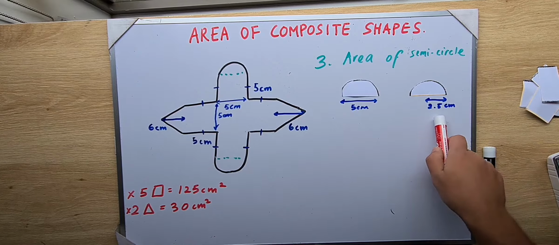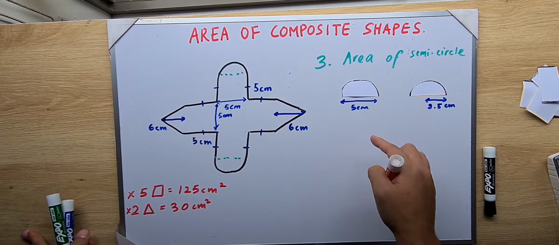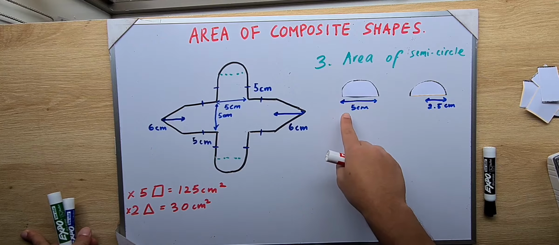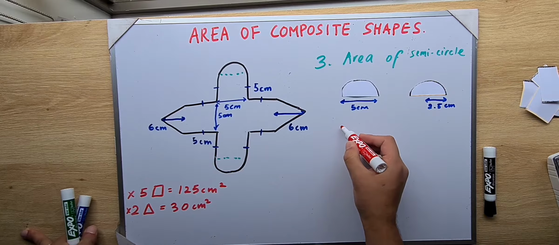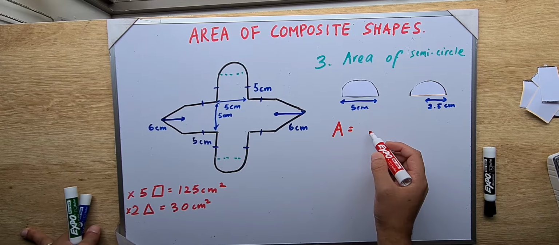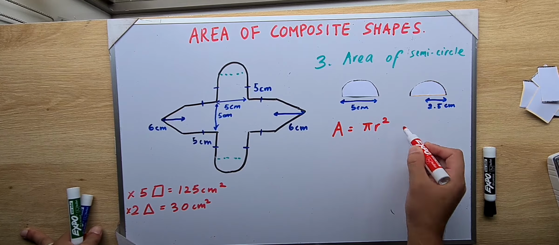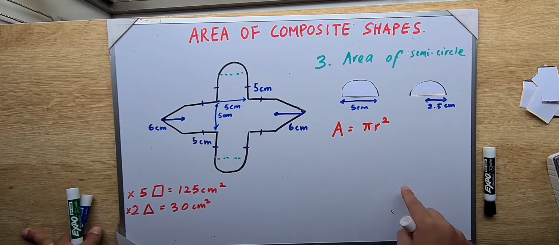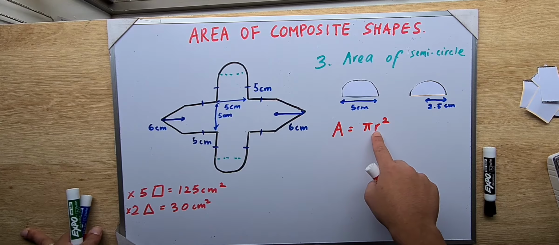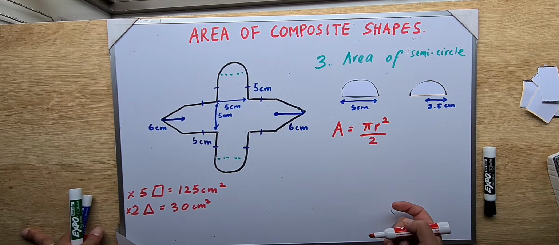We can now plug this value into the formula for the area of a circle. But just keep in mind that we're trying to determine the area of half a circle, a semicircle. So if I want to find out the area of a semicircle, I need to first determine what the area of a circle is, which is given by this formula, pi times the radius squared, and then I need to divide that by 2 since we're dealing with just half a circle.